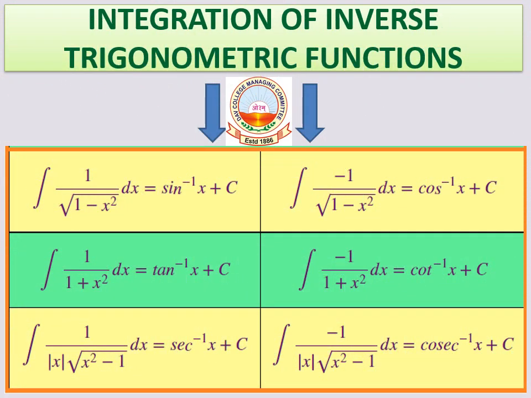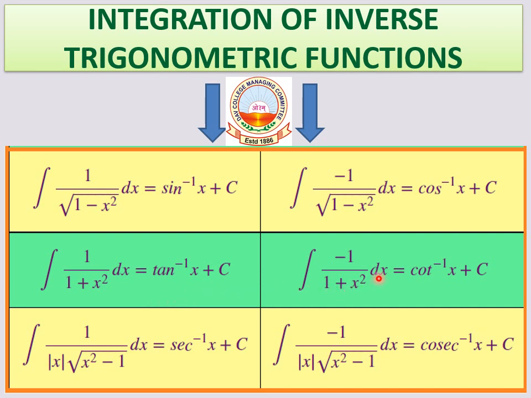Next is the integration of inverse trigonometric functions. If we have integral of dx over under root 1 minus x square, then this equals sine inverse x plus c. Integral of minus 1 over under root 1 minus x square dx equals cos inverse x plus c. Integral dx over 1 plus x square equals tan inverse x plus c.